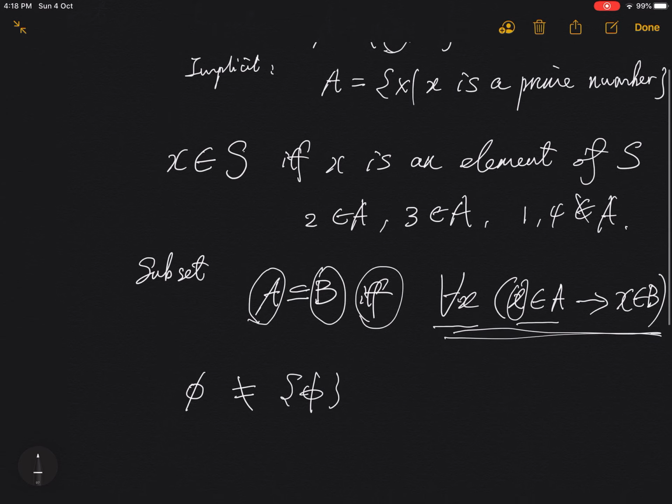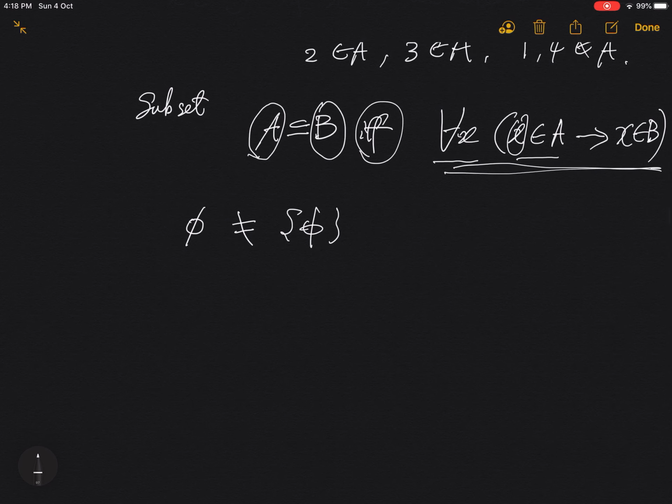And how to prove a set equals to another set, such as A equals B. How to prove this set equality? We start from the definition.